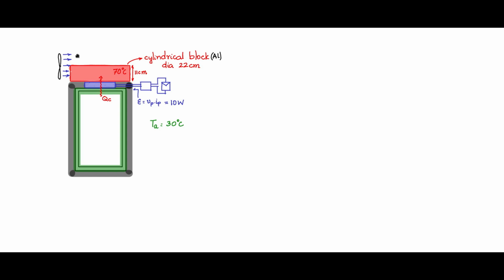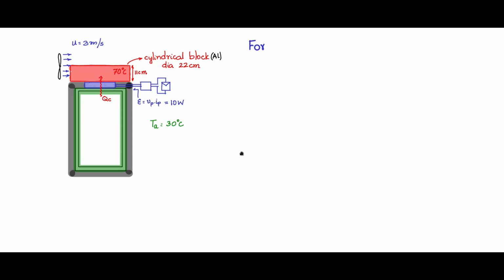Now let us say that this fan, you can get it from the fan data sheet, at a particular speed is giving 3 meter per second velocity of the airflow over the aluminum block. Now how much heat can you draw out of this chamber, for all things remaining the same?